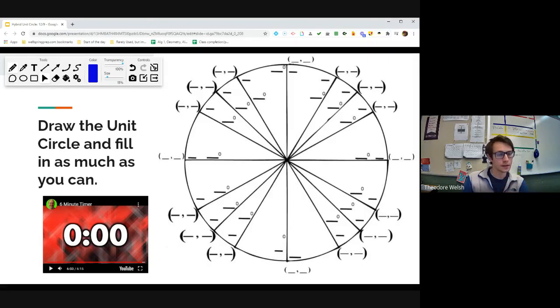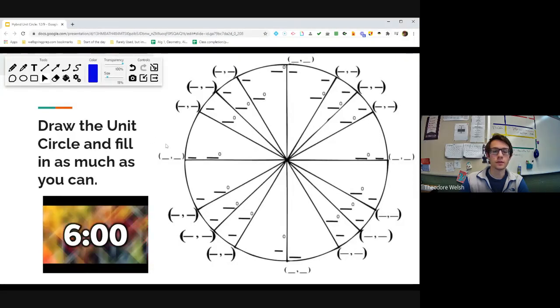If you want to do anything that involves math, physics, engineering, anything related to those fields, the unit circle is one of your best friends. It's very, very important.